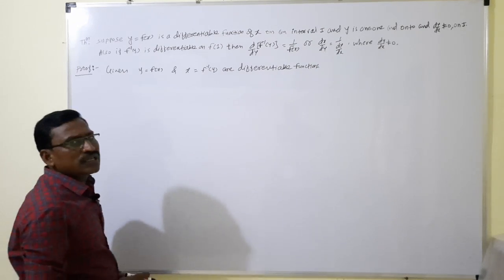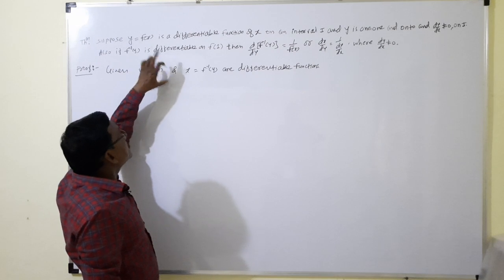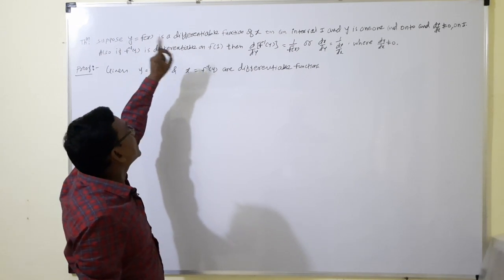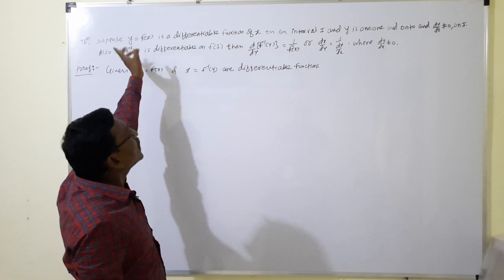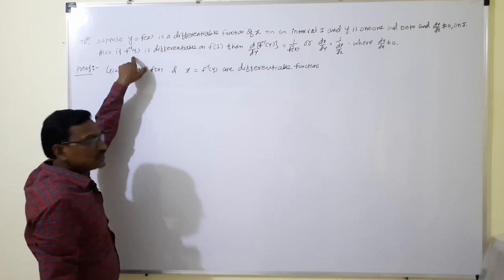Now we consider delta x, which is an increment in x, and delta y, its corresponding increment in y.